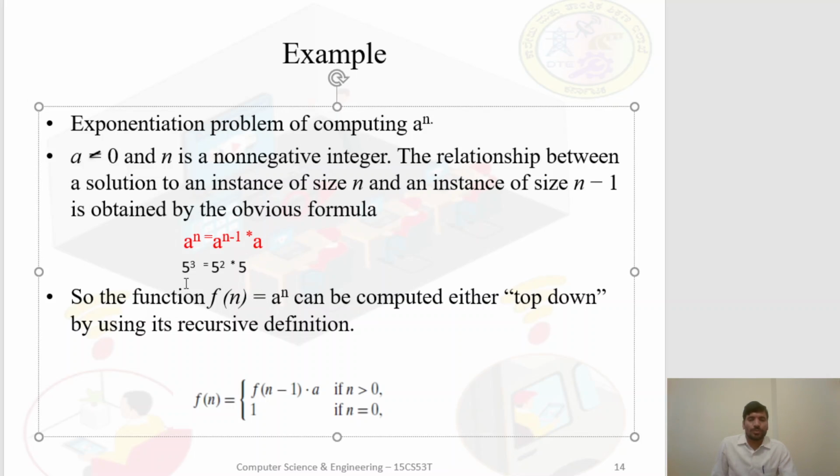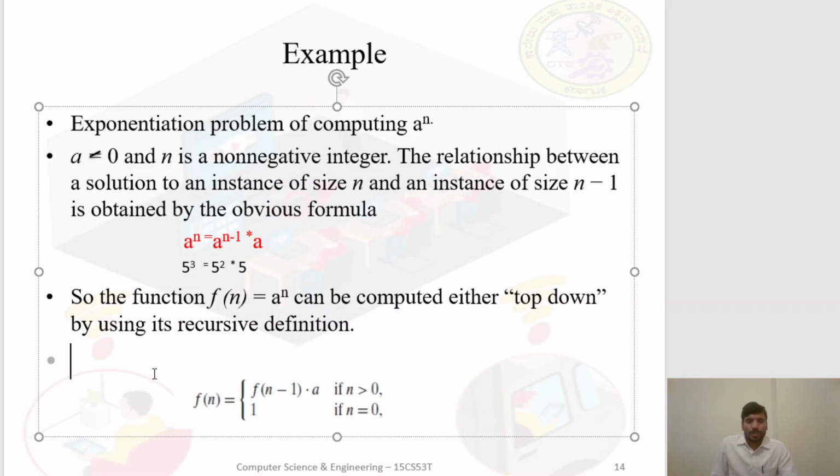Okay students, for example, if I want to compute 5 to the power of 3, then I can compute this in this way: 5 to the power of 2 into 5. Hence, I reduced the power factor, that is 3, by 1, balancing the equation. 5 to the power of 3 equals 5 square into 5.